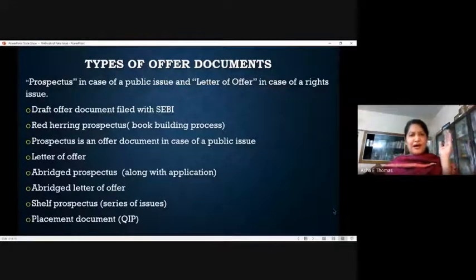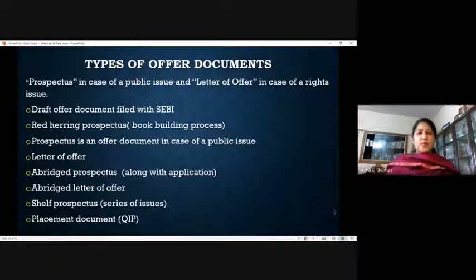So it's a draft document prepared as per the guidelines of the SEBI and submitted with the SEBI for getting their approval for making this offer to the public. So that is the first kind of document that needs to be submitted with the SEBI if a company is planning to make a public issue.